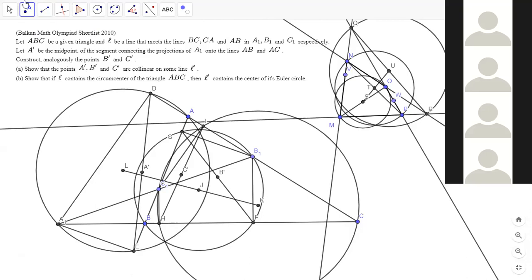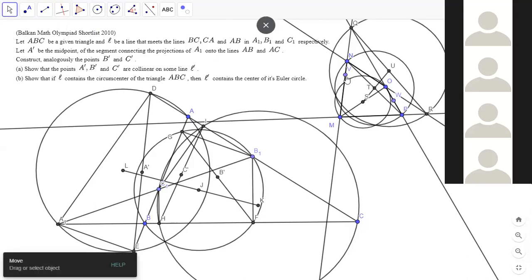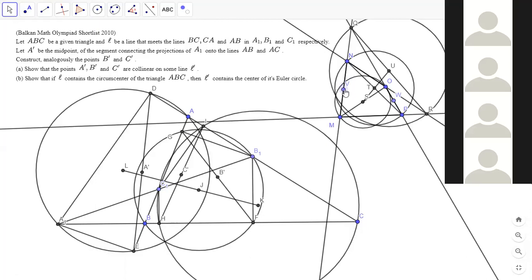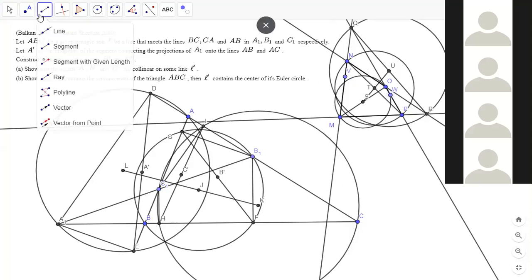And we must have NV over VM equal to OW over WP, and we have the midpoint of NO, the midpoint of VW, and the midpoint of MP collinear.